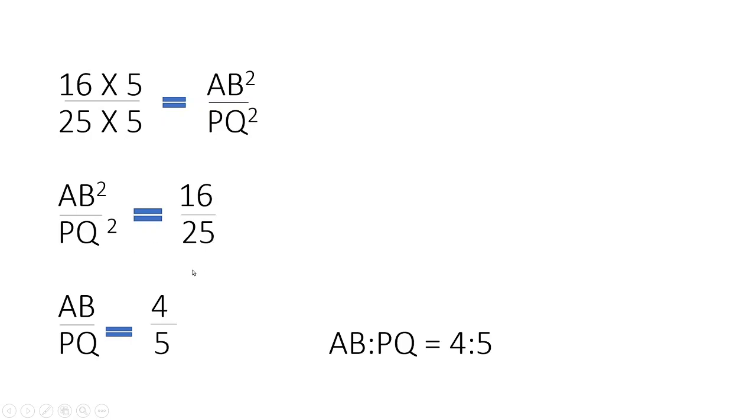After taking the square root on both sides, AB upon PQ is equal to 4 upon 5. Square root of 16 is 4 and square root of 25 is 5. So, in the last example, we find the ratio of AB and PQ is 4:5. Thank you.